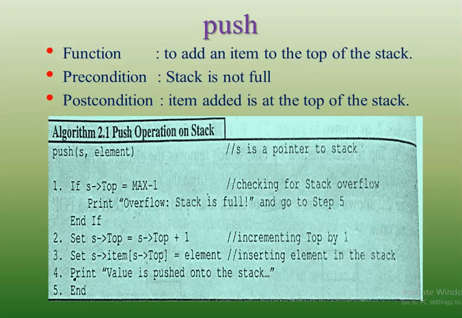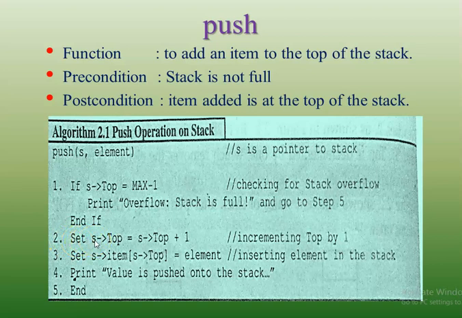Is it not? So if s->top is equal to max minus 1, we cannot do anything. We are going to the final step of the algorithm. Otherwise, if s->top is not equal to max minus 1, control will be passed on to the second statement.